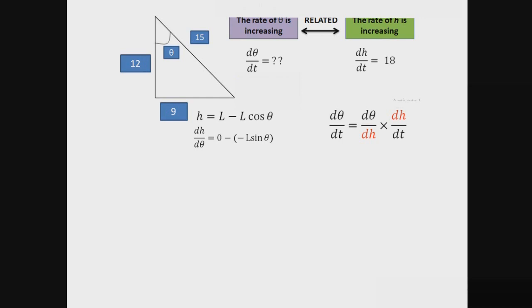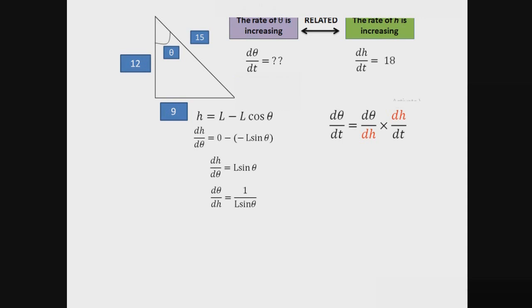Okay, and then we find dh over d theta first. The derivative of L with respect to theta is 0 because L is a constant. And then the derivative of negative L cos theta, we get negative in bracket negative L sin theta. So dh over d theta is equal to L sin theta. d theta over dh is equal to 1 over L sin theta as it is reciprocal.